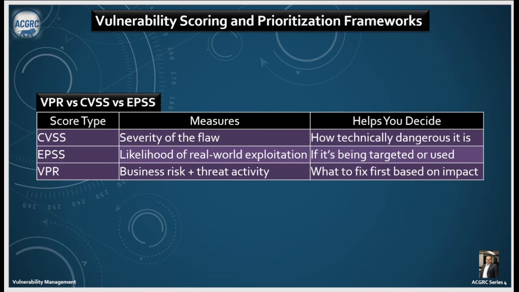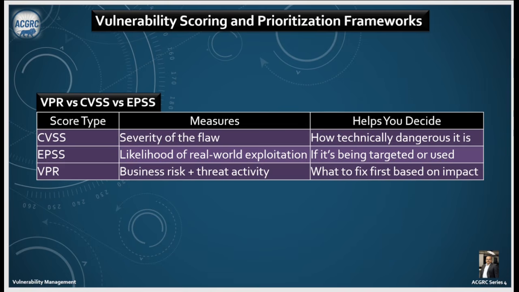So why is VPR, or vulnerability priority rating, important? Well, if you think it through, while CVSS tells you how bad a bug could be and EPSS predicts how likely it is to be exploited, VPR brings everything together to help you decide what to fix first to reduce the biggest risk to my business.